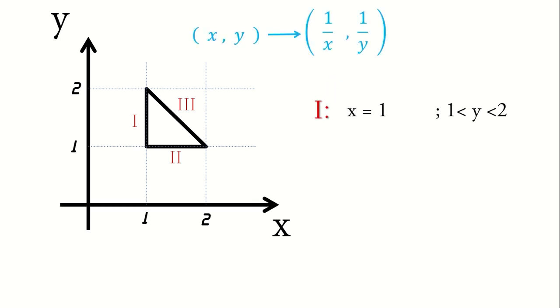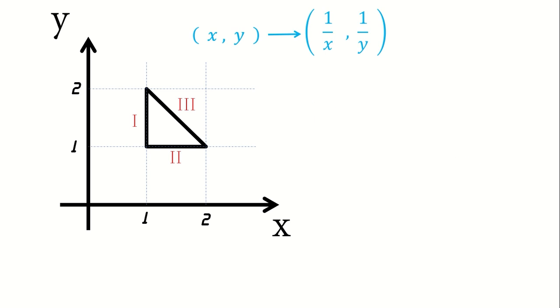So our mapping criteria is that x and y goes to 1 over x and 1 over y. If we change x is equal to 1, we also get x is equal to 1, because 1 over 1 is equal to 1, but y is changed to all the points between 1 half and 1.